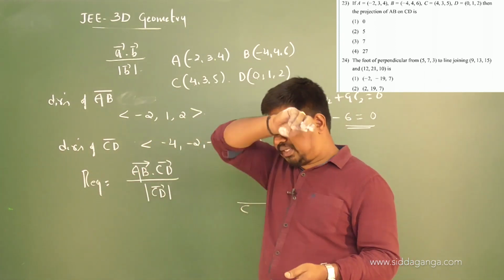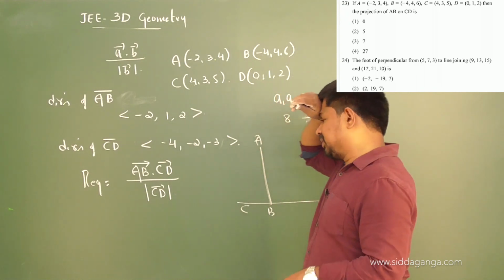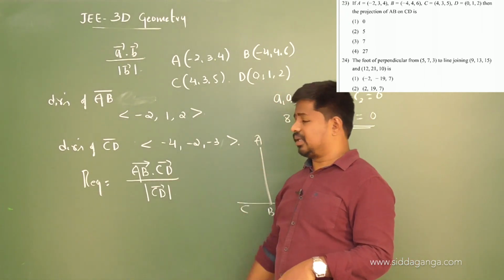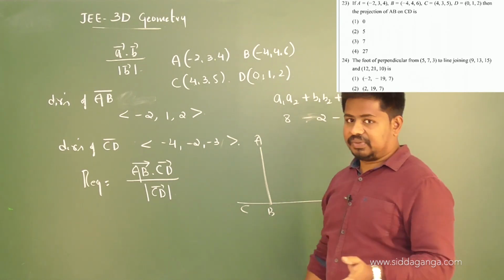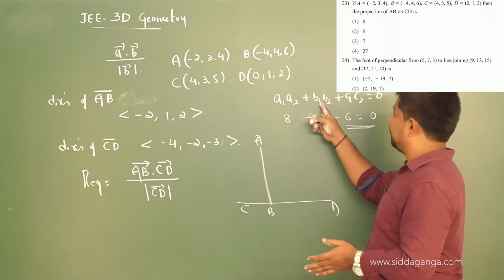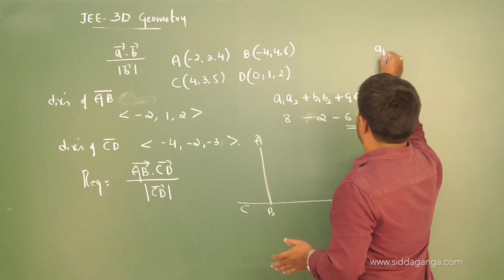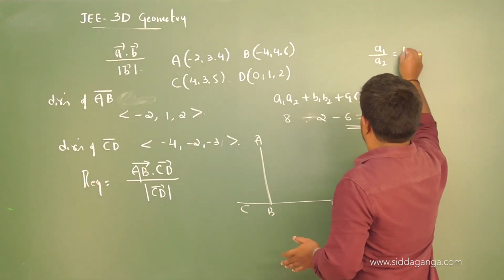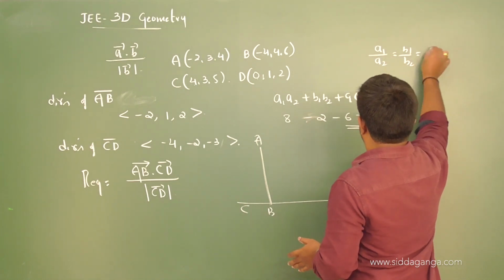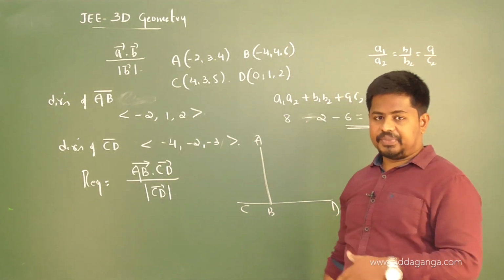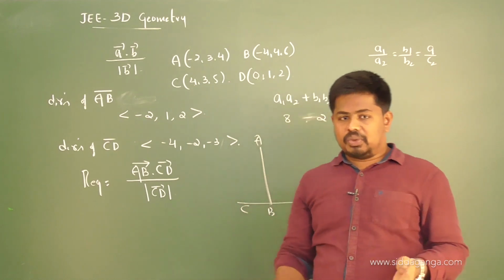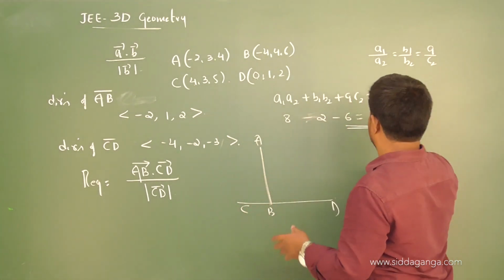So before finding the angle or anything using cos theta or sin theta, first check whether they are parallel or perpendicular using the conditions we have. This is the condition for perpendicularity, and one more result, a1 by a2 equal to b1 by b2 equal to c1 by c2, is the condition for parallelism. First check this, then move on to finding the angle or projection.